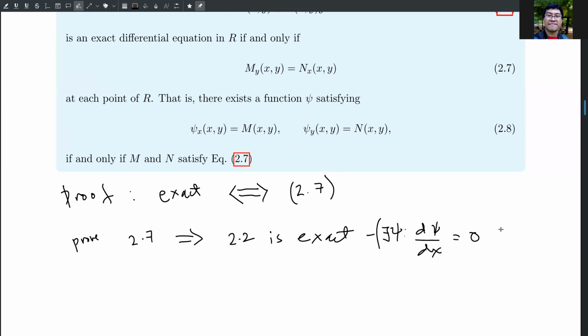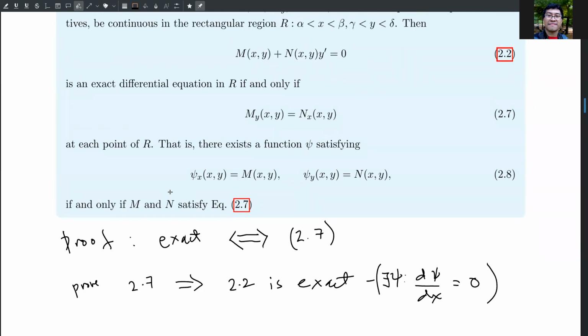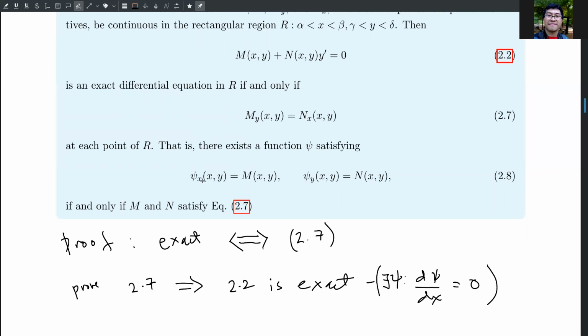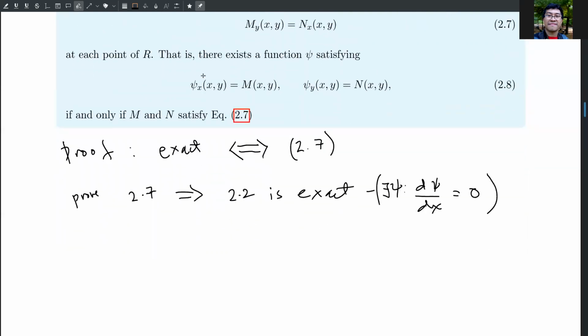So that's the meaning of our exact differential equation. We start from 2.7, and from 2.7 we use these relations. Suppose we want to know that this psi exists, it follows 2.8. So proving 2.7 exact is the same as proving that 2.7 satisfies 2.8.